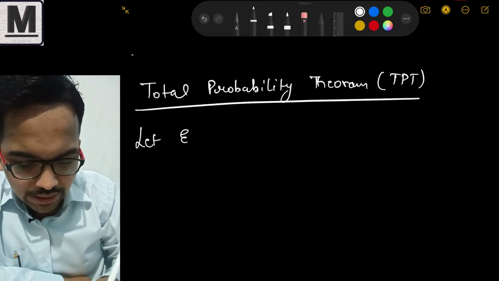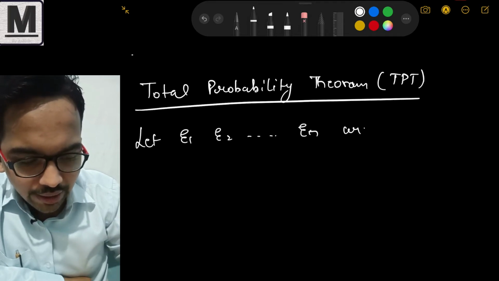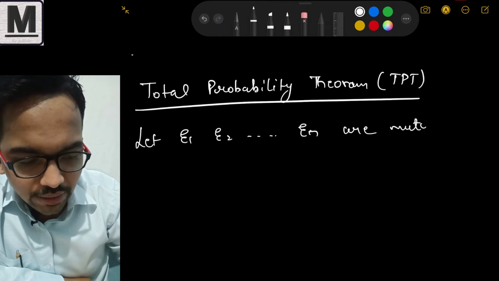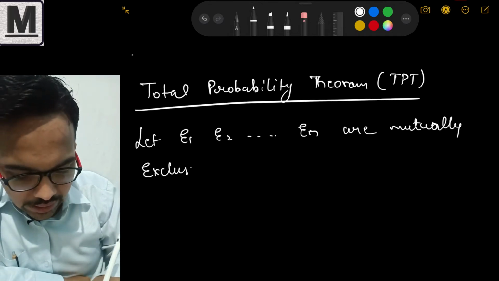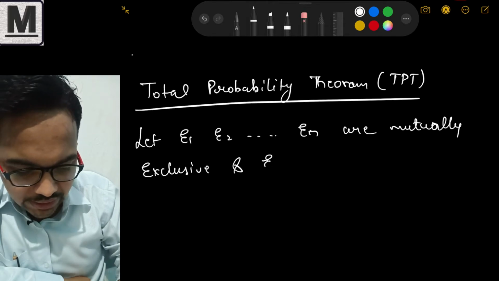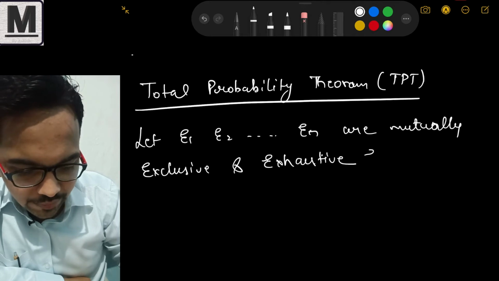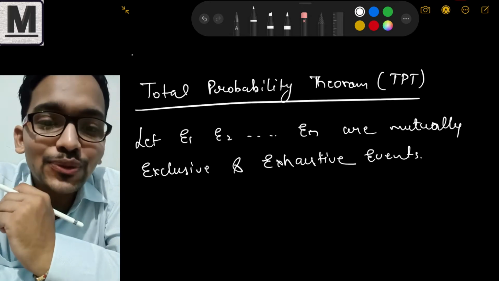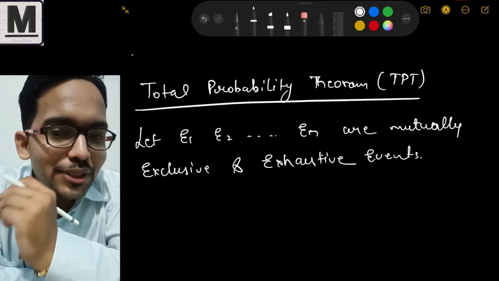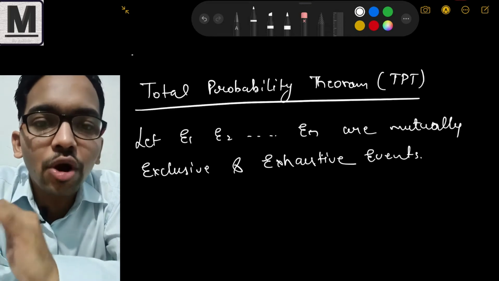Let E1, E2 up to En be mutually exclusive and exhaustive events. What are mutually exclusive events, guys? You must know that mutually exclusive events are those which do not have any common intersection.